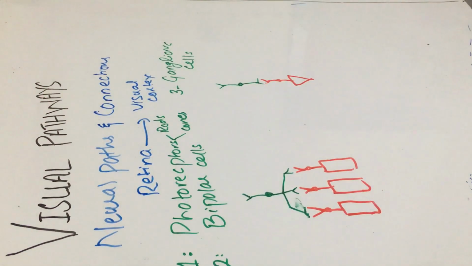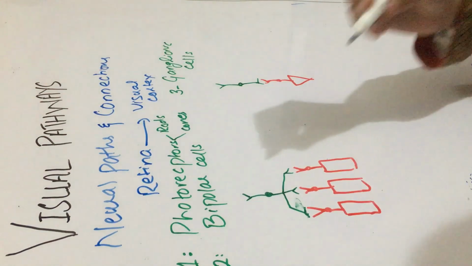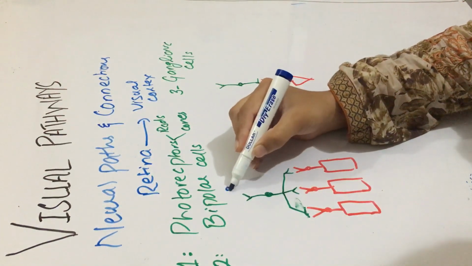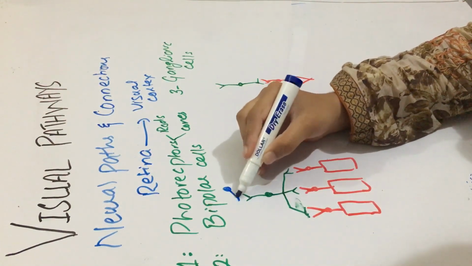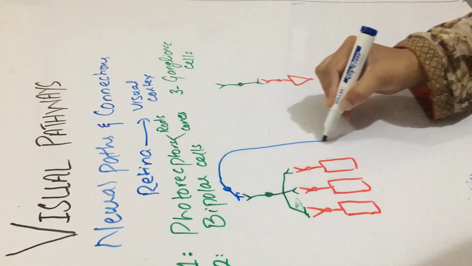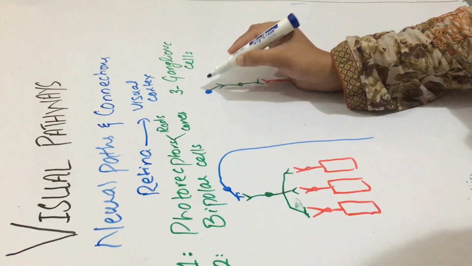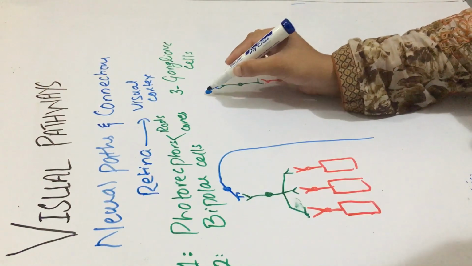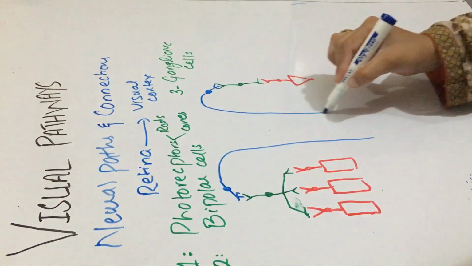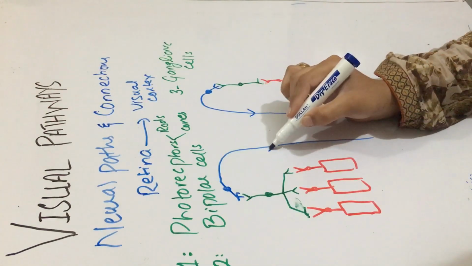Now the third kind of cell, that is the ganglionic cells. Here is its nucleus, dendrite and its axon leaving the retina. Here again I draw the nucleus of a ganglionic cell, its dendrite and its axon leaving the retina.